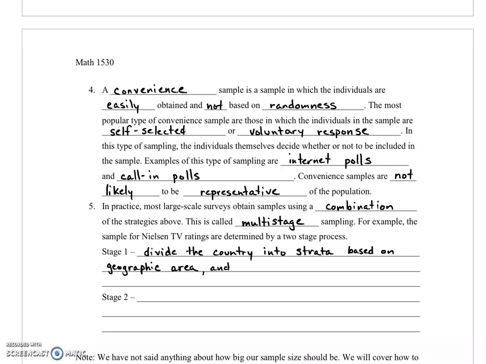And then they pick 6,000 of those strata randomly. And the important part here is that the strata are picked randomly.